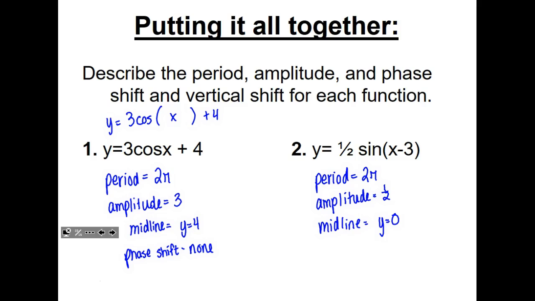And then the last one, our phase shift. Allie, what's our phase shift? Good. Well, actually no. Almost good. Whenever we have that negative in there, everything on the inside is the opposite direction.